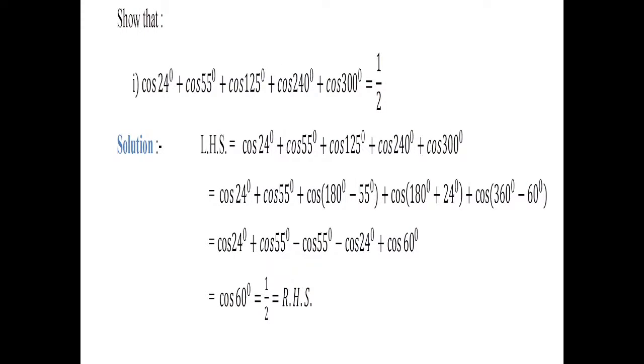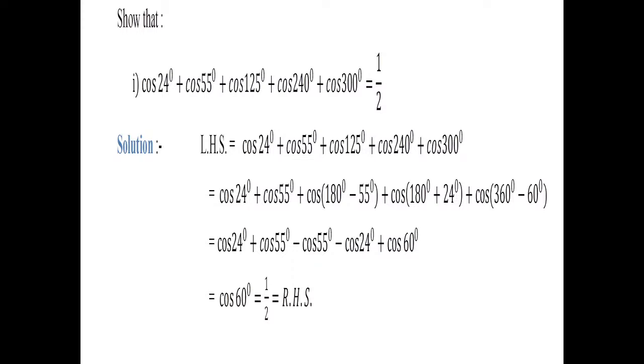Next example: cos 24 degree plus cos 55 degree plus cos 125 degree plus cos 240 degree plus cos 300 degree is equal to 1 by 2. So consider LHS.